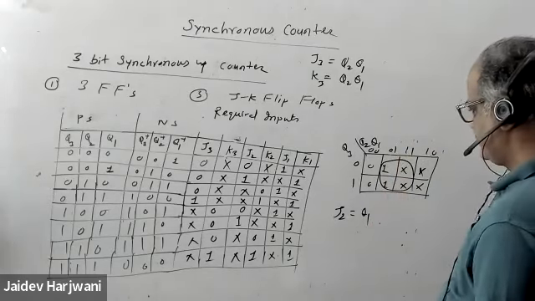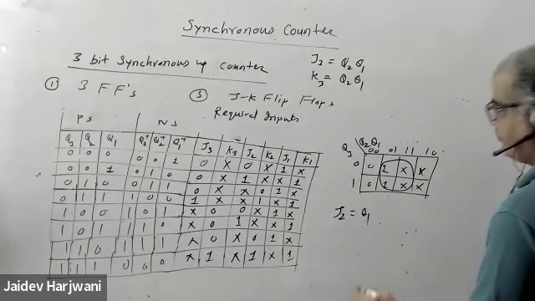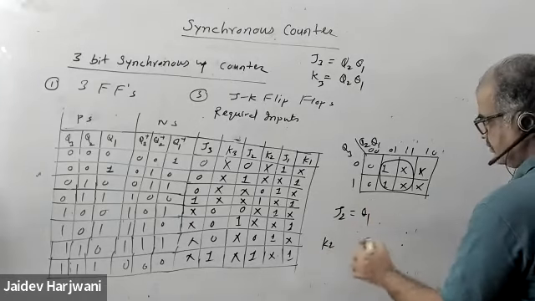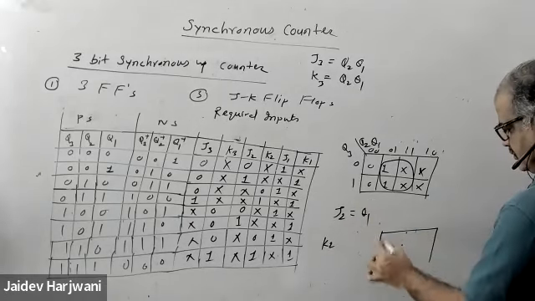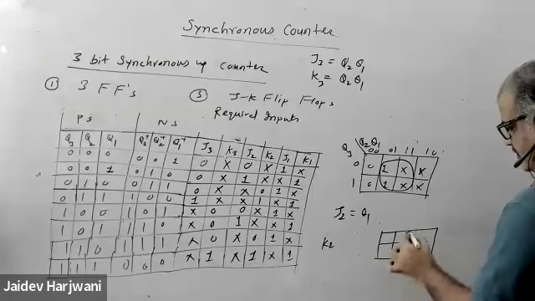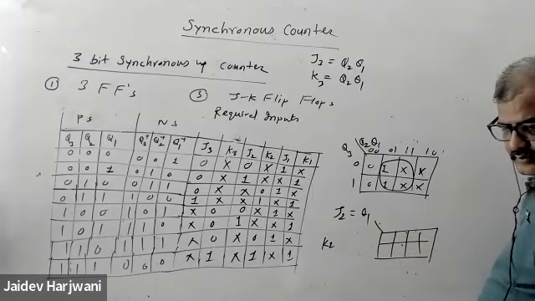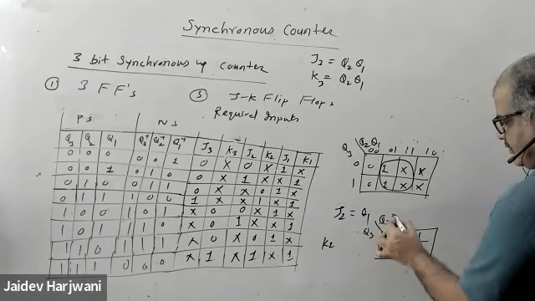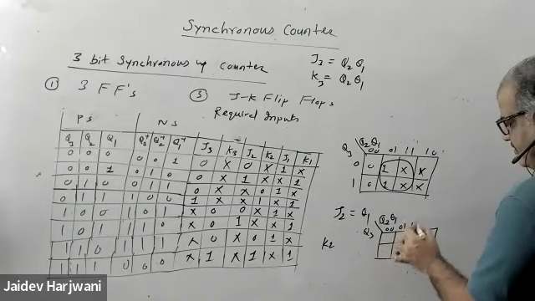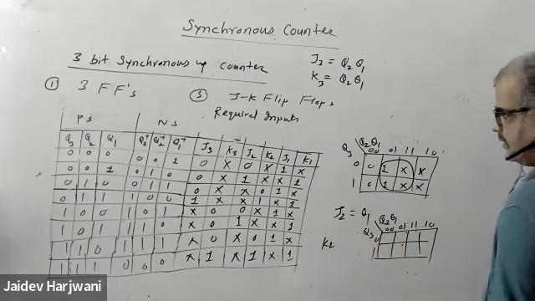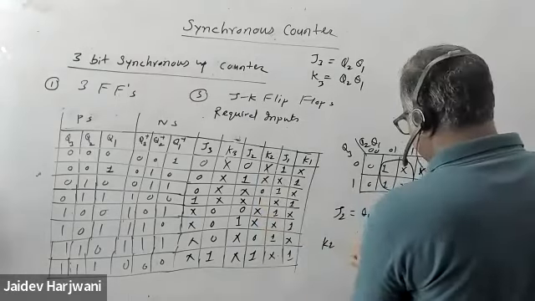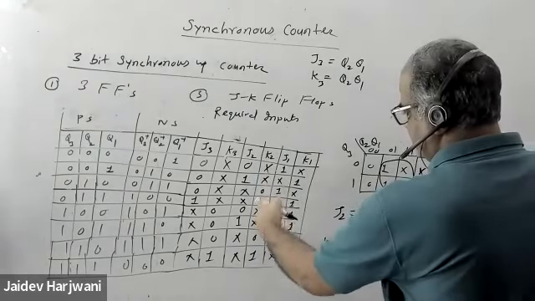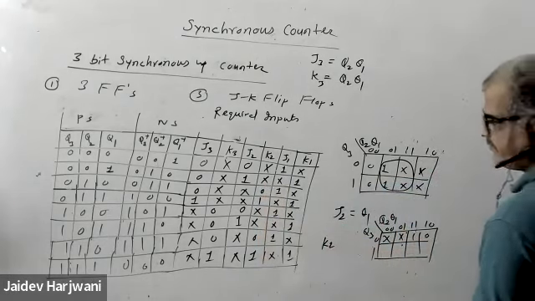Similarly, now you can solve for K2. You have Q3, Q2, Q1: 0, 0, 0, 1, 1, 1, 1, 0, 0, 1. K2: XX, 0, 1, 0, 1.